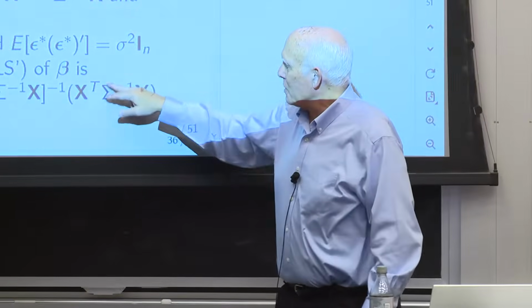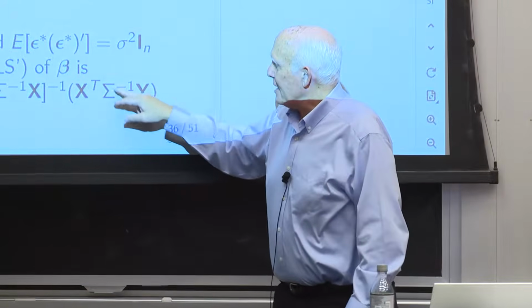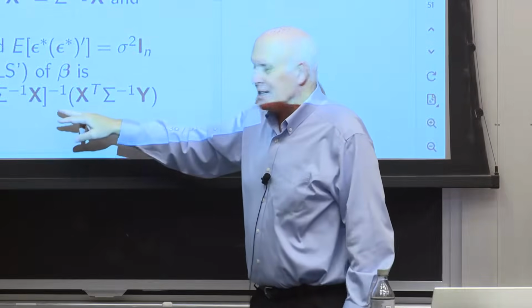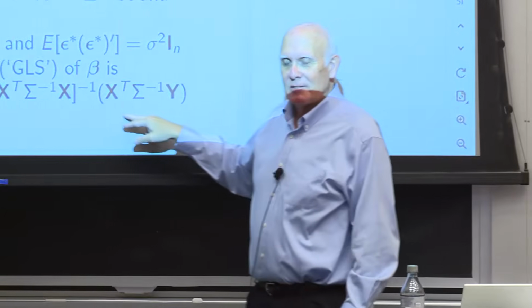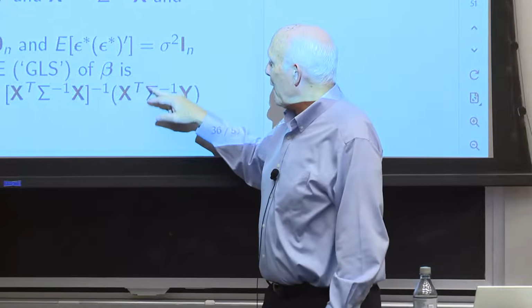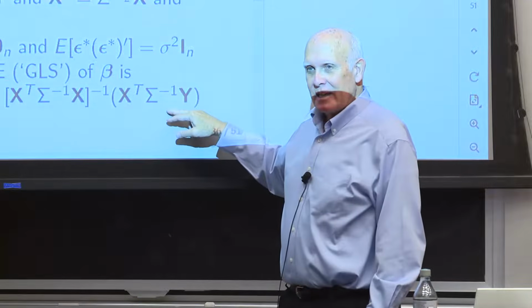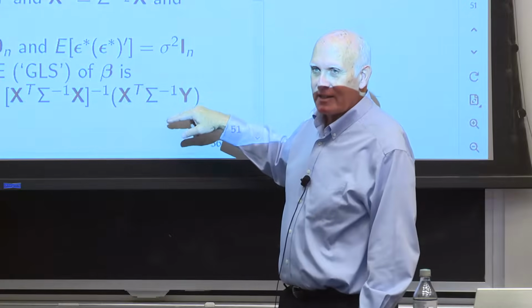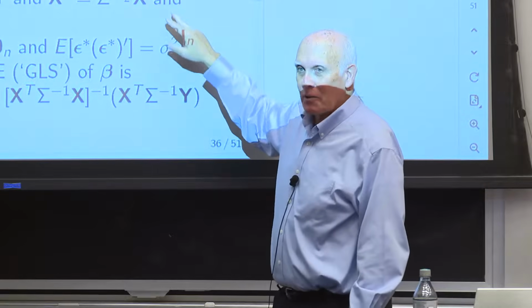And importantly, the generalized least squares estimate basically does a weighted regression where we weight cases proportional to the inverse of the variance of the random variables.